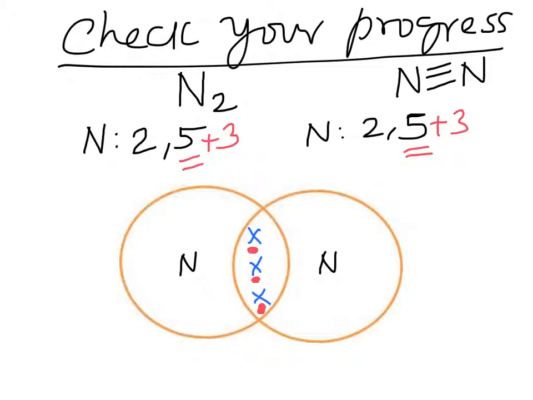Now that leaves us with 2 electrons for each nitrogen. So I'm going to show the electrons that are left over for this nitrogen, like so, and for the other nitrogen atom with crosses, and that completes our dot and cross diagram. I hope you got this right, if you have been trying to do this yourself.